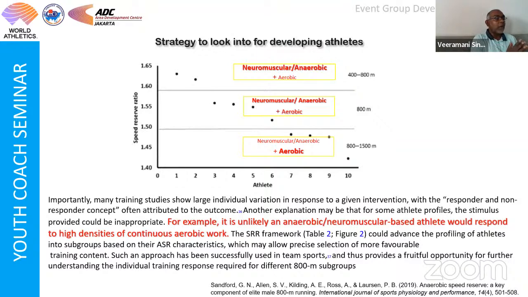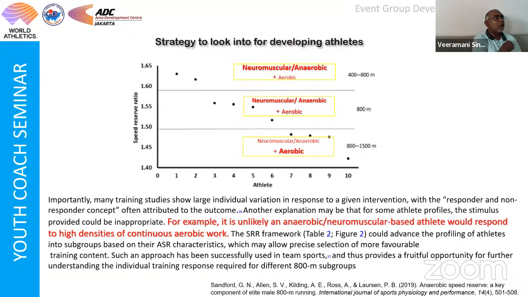It's not always aerobic endurance training, long continuous runs, that will be the method to use to improve aerobic content. Just like the mention here, athletes who are highly responsive to neuromuscular anaerobic training will not benefit from a high density of continuous aerobic work.